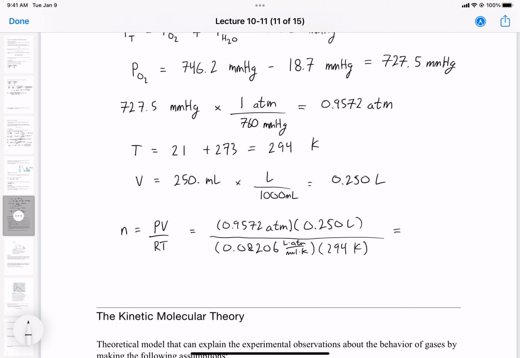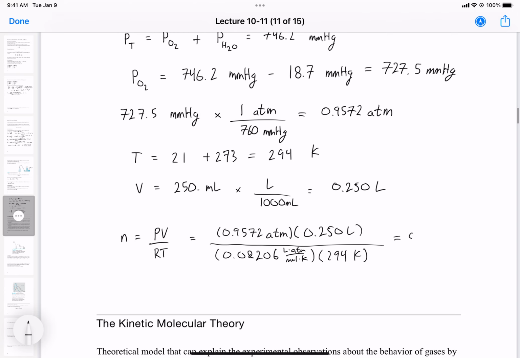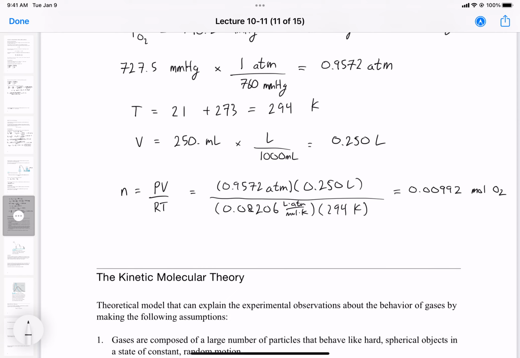Okay. So we get 0.0099992 mole oxygen. Okay. And then we'll take this value here.